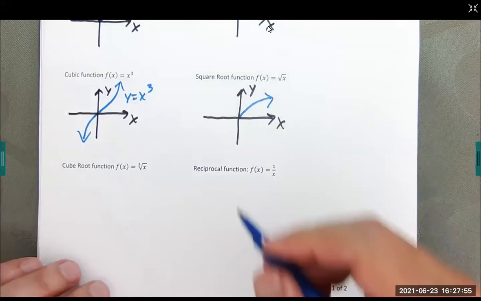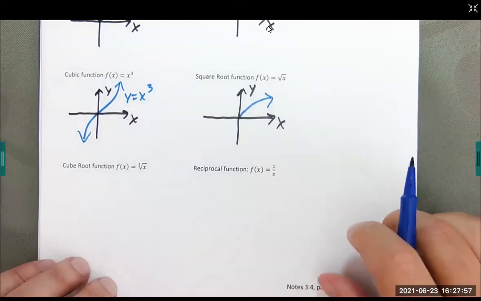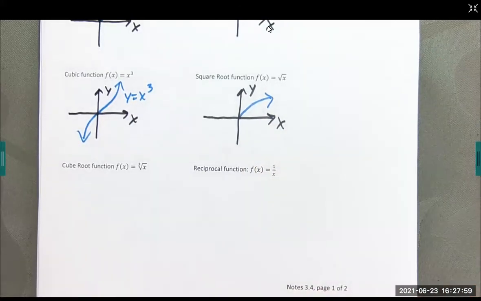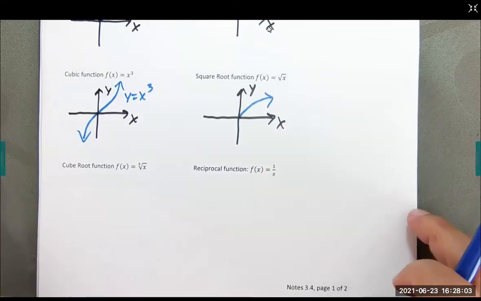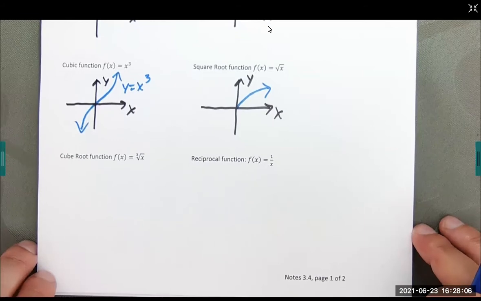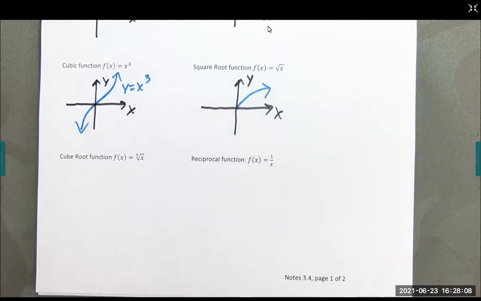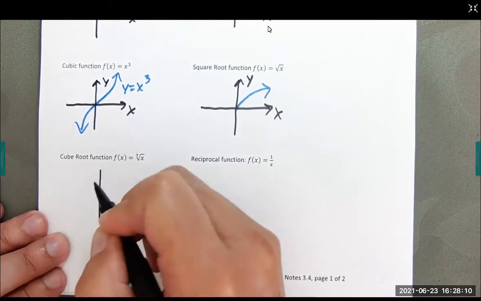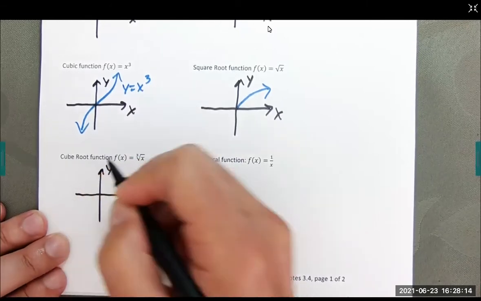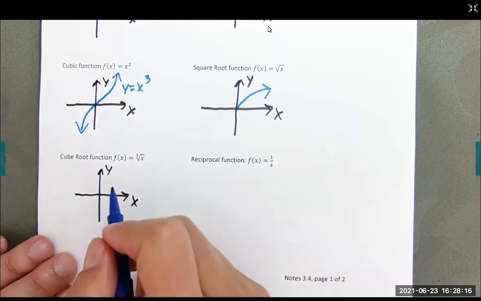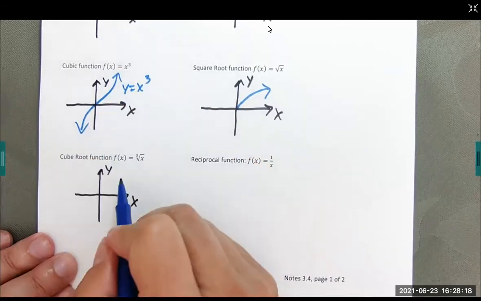You can see the other half of it would be here. But both x and y have to be positive because we can't take the square root of a negative unless we're on the complex plane, which we are not. Cube root. We'll do this. It's exactly this one, but sideways.